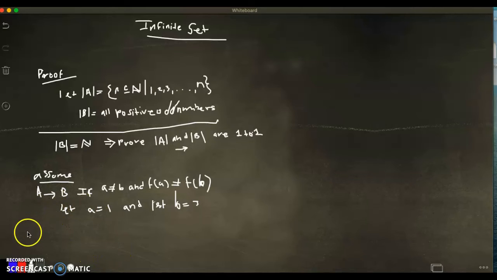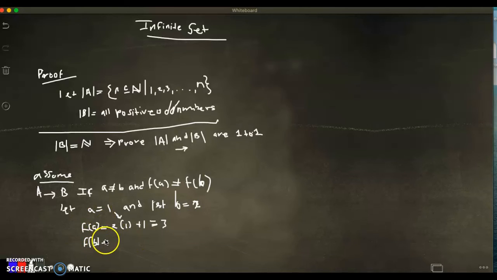So if we prove this, we can say that f of A is equal to 2 times 1 plus 1, which is 3.